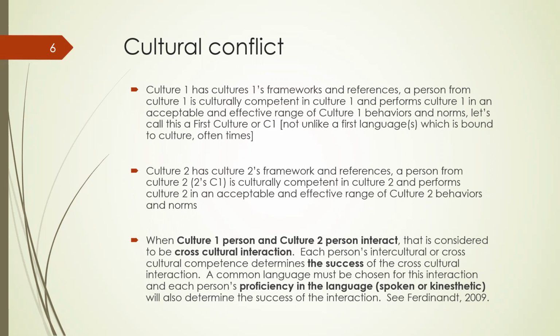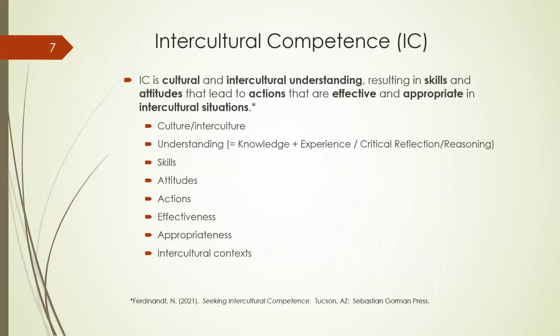So whenever one or more first culture persons come into contact with one or more people from a second culture, there will be culturally determined interpretations of behaviors and communication, even if they have linguistic proficiency in the other's language. And this will result in conflicts, often under the surface and therefore not apparently obvious to either of the cultural groups. That is cross-cultural conflict, whereas if we add another culture into the mix, we have the potential for intercultural conflict. Intercultural competence is the knowledge, skills, and abilities to anticipate and deal with these expected and necessary conflicts.